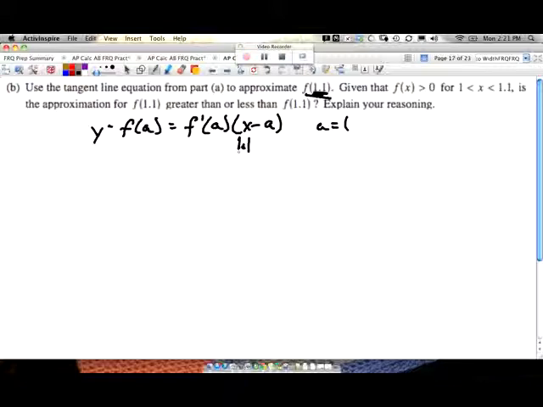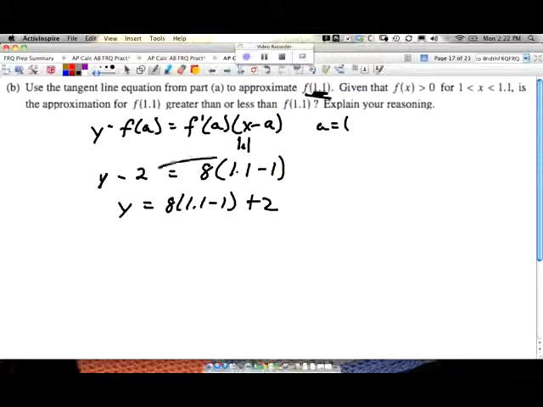Alright, so that's our new thing. So now it's going to be y minus, well, we figured out f of 1 was 2, and this was 8 times 1.1 minus 1. If we were to keep simplifying, we'd have equals 8 times 1.1 minus 1 plus 2 if we move this over to the other side.